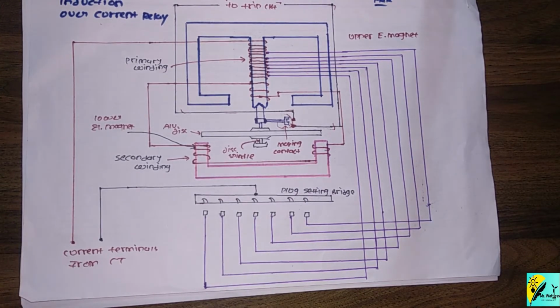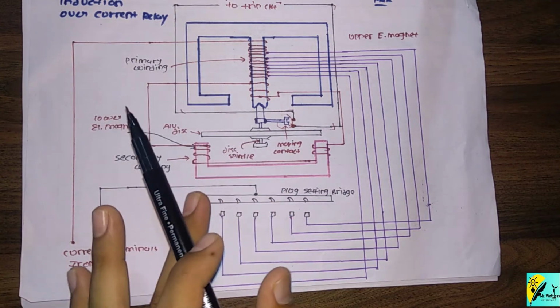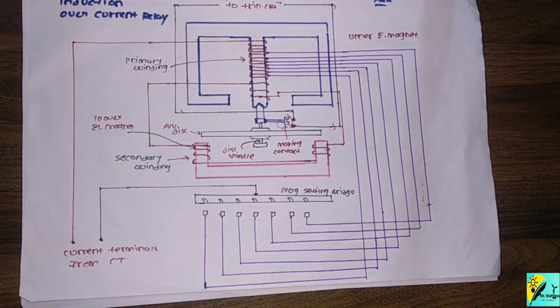With the help of this bridge, the number of turns of the primary winding can be adjusted. Thus the desired current setting for the relay can be obtained.